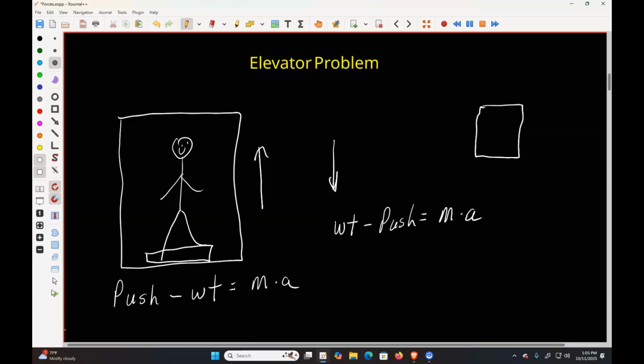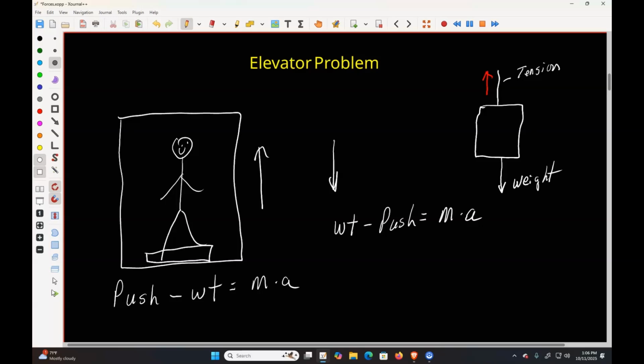If I have an object and I have a rope attached to it, this rope is applying tension. The tension is going upward, but the weight of the object is going downward. If it's not moving, then the tension and the weight are equal to one another.